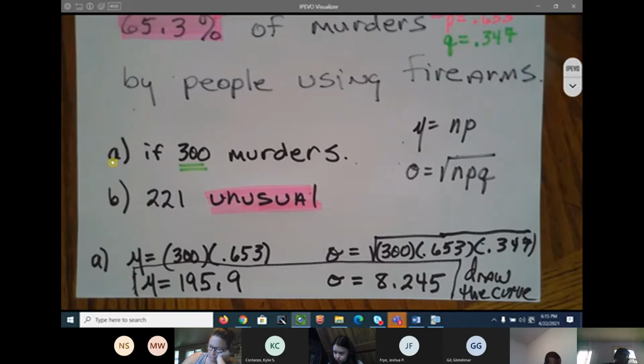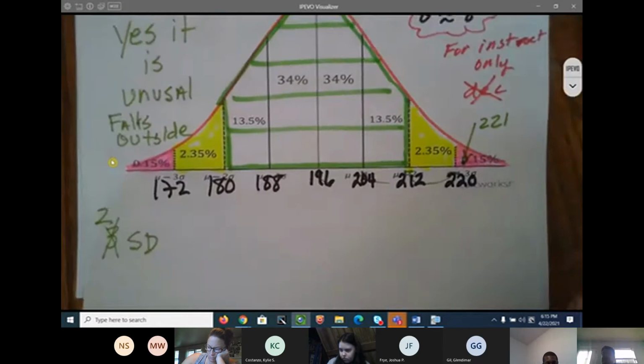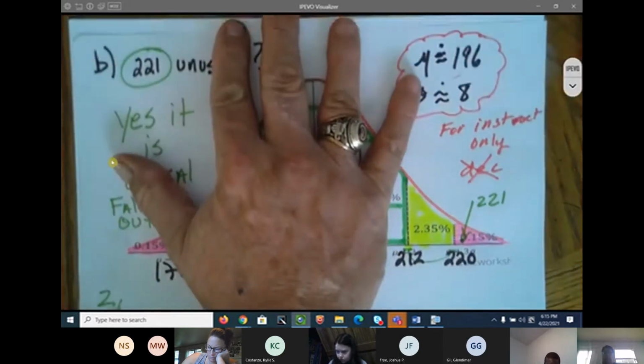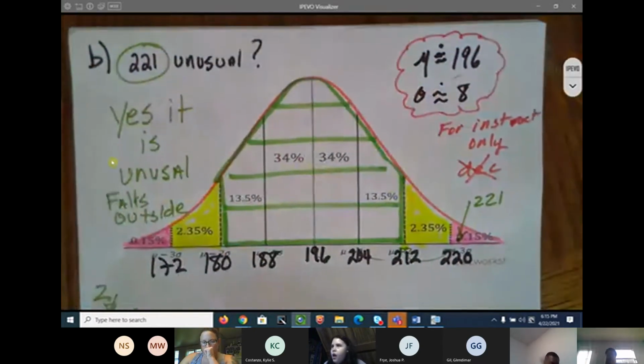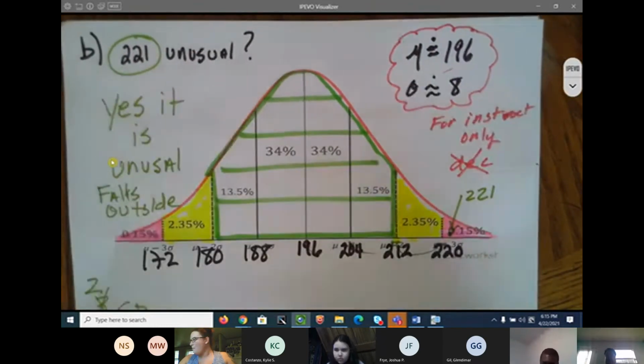And then you use the empirical rule to test, because we don't have the z-scores in chapter 6. And then you do the empirical rule to see where 221 falls. And 221 falls in a yellow or red area, so it's unusual.